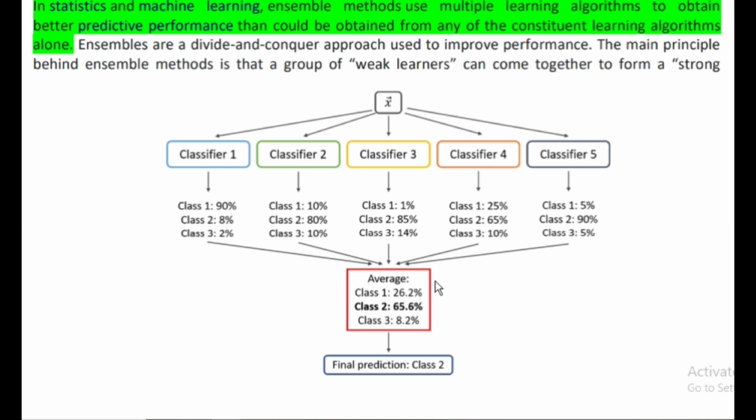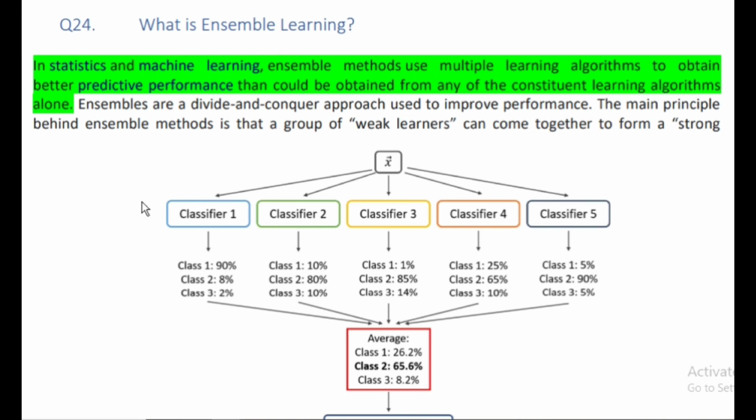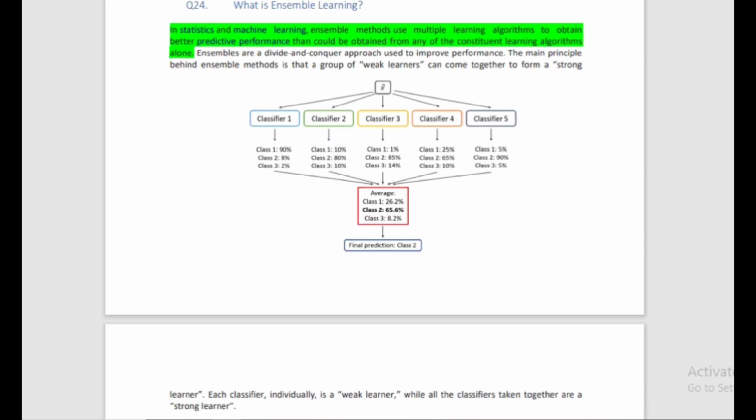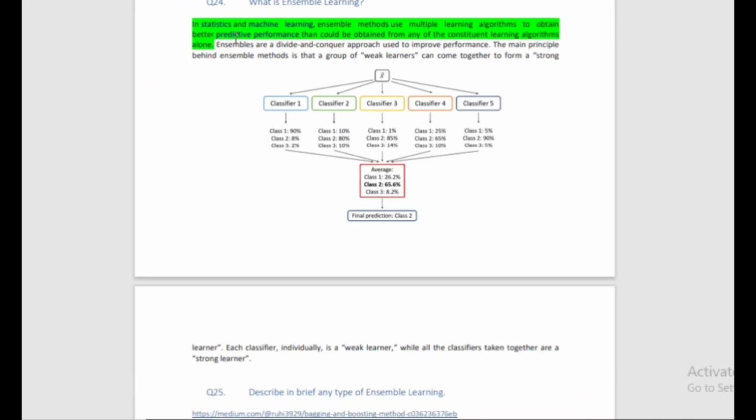Classifier 4: 25%, 65%, 10%. And classifier 5: 5%, 90%, 5%. So the average for class 1 is 26.2%, class 2 is 65.6%, class 3 is 8.2%. The highest percentage is class 2, so the final prediction would be class 2.